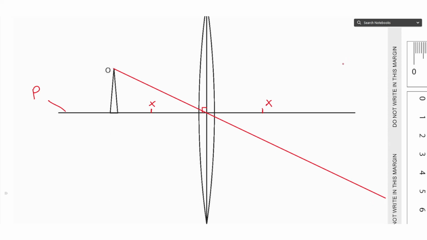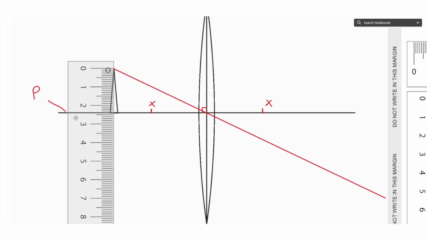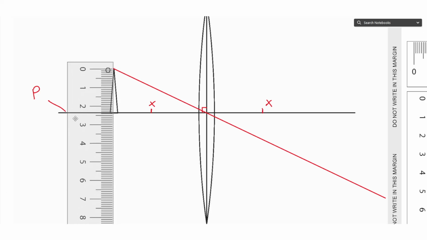The other ray we draw is parallel to the principal axis, so a horizontal line since the principal axis is horizontal, and then it bends towards one of the focal points, which is on the other side of the lens. Just to make sure that the line is horizontal perfectly, I'm going to measure the height of the object using my ruler here. It is approximately between 2.3 and 2.4 centimeters.